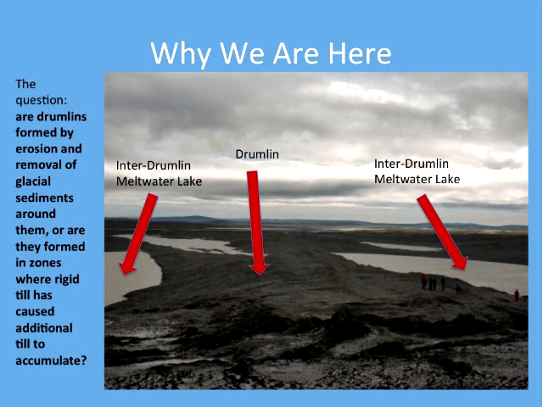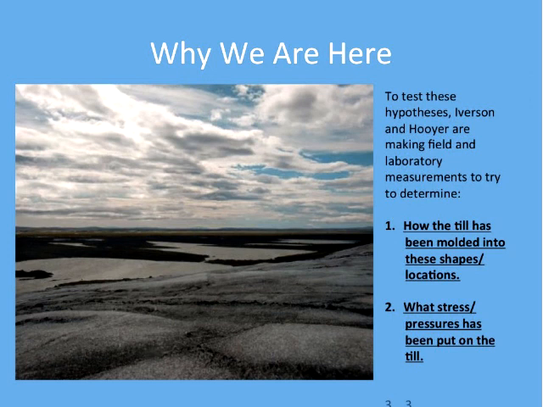What we're trying to figure out is whether the sediment accumulates preferentially to make these hills, or whether erosion occurs around the periphery of these hills, or around the periphery of sort of a rigid core, and that rigid core becomes eventually a drumlin. So we have a variety of measurements laid out that Jamie will talk about in just a minute. I think you can go to the next slide.